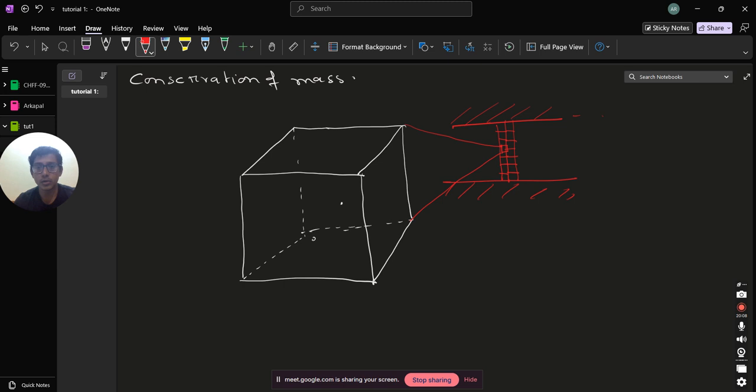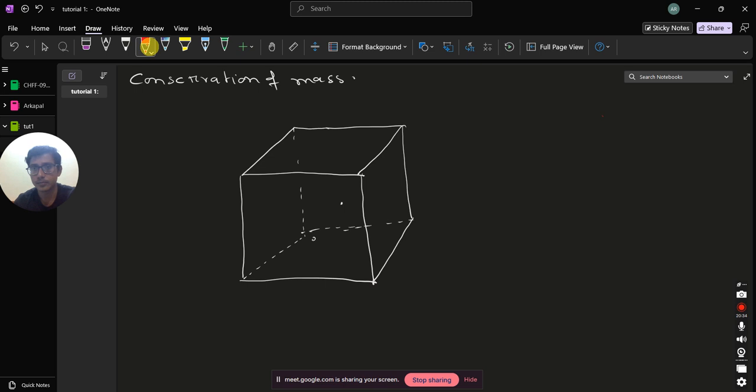So we divide this fluid into numerous blocks or cells, which we then use to solve the partial differential equations. We solve these partial differential equations in these blocks. So what does conservation of mass tell us?